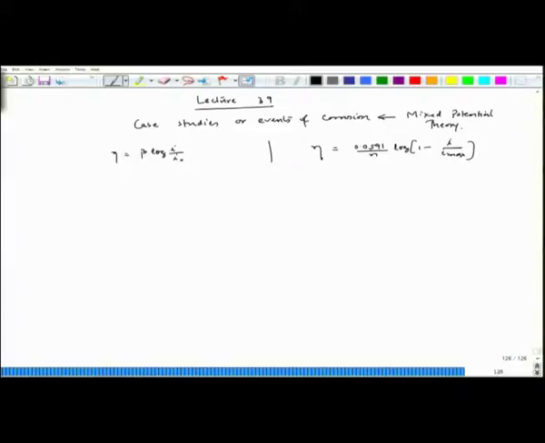This is concentration polarization, and the first is activation. In the concentration polarization we would consider cathodic polarization, not anodic polarization, because the anodic polarization event is very uncommon.